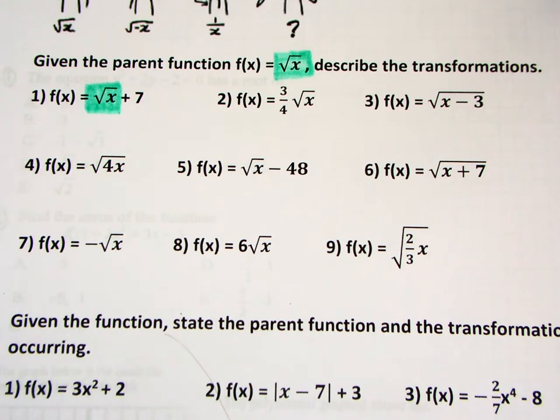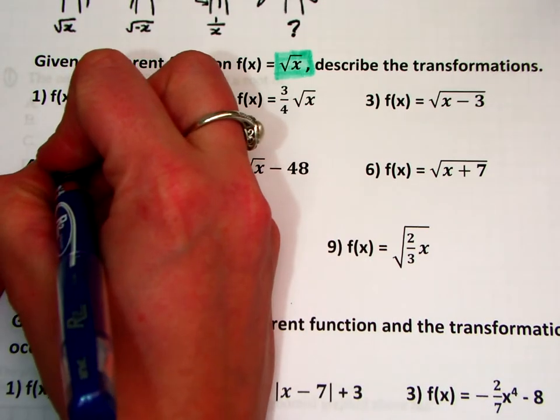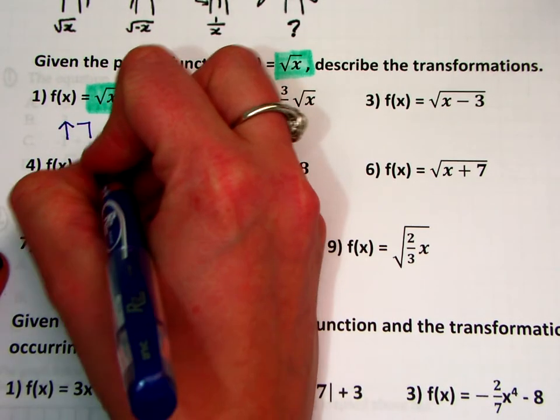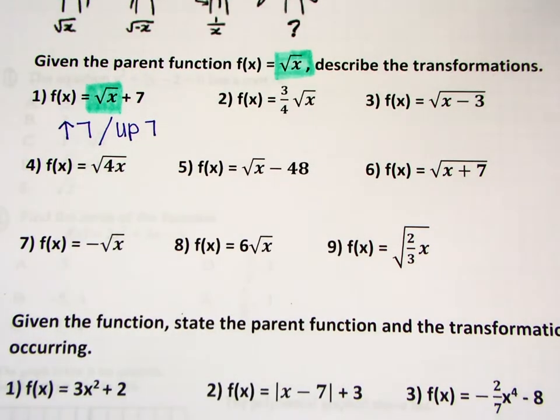So let me find my blue pen real quick. Okay, so from here, this positive 7 means I'm going up 7. So you can put an arrow, or you can write the word up 7. That is literally all it means. I'm shifting up 7. That's it.